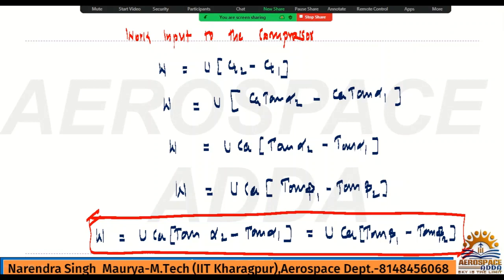Now one more factor I just want to introduce here. If you go and calculate the work, ideally this is the formula. This is the ideal. But in actual, the work absorbing capacity of the stage will not be the ideal value. Why?